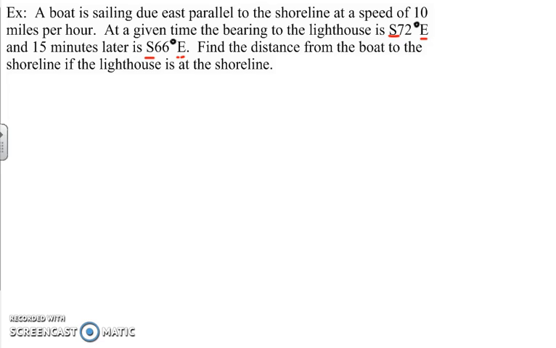So the lighthouse is somewhere to the south and to the east of this boat. So I'm going to draw my boat up here, like in that corner. And at first, here's my lighthouse. There it is, shining its light. Then it says it's traveling due east, so going in this direction at 10 miles per hour.